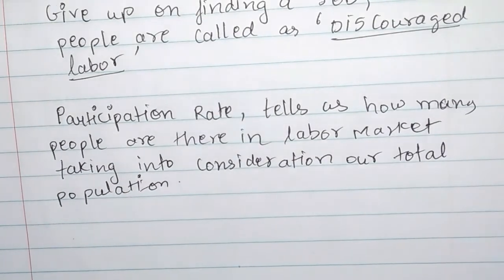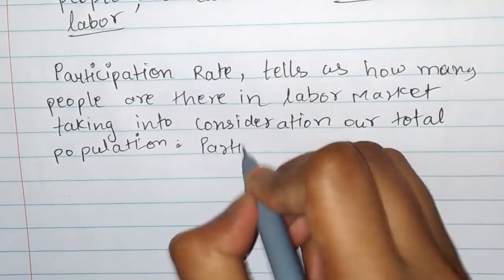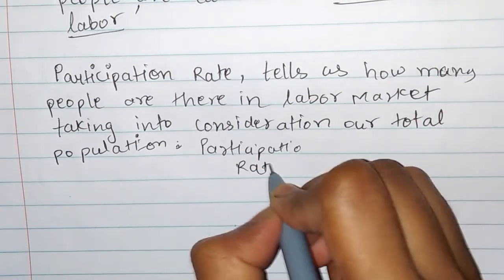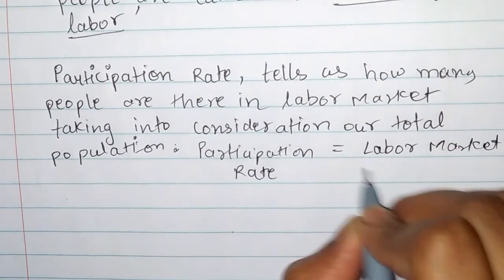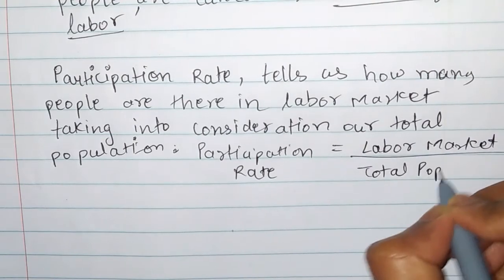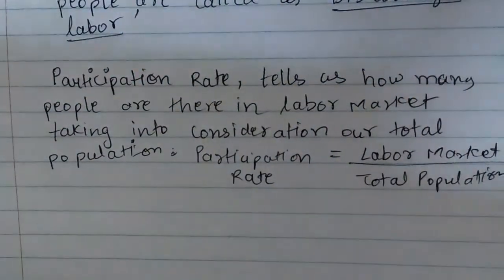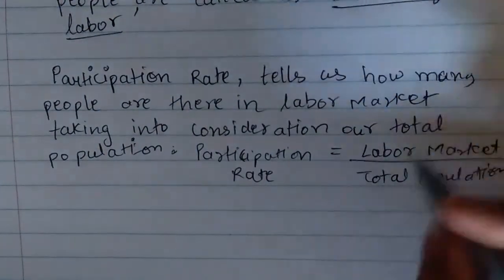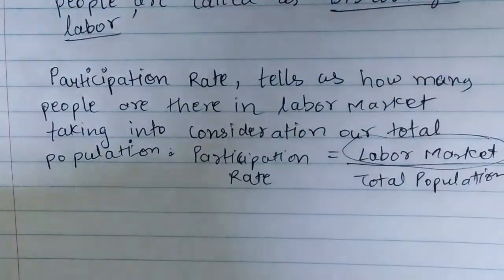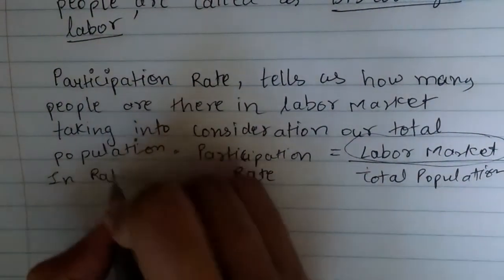That means participation rate is equal to labor market upon total population. So basically, participation rate tells us how many people from the total population are actively participating in the labor market, in ratios.